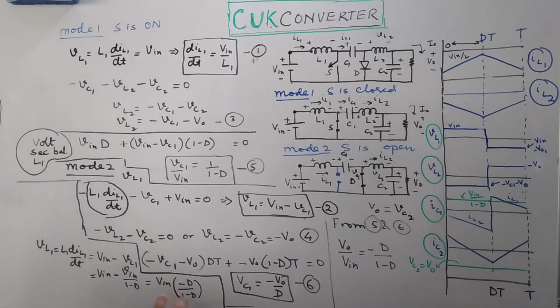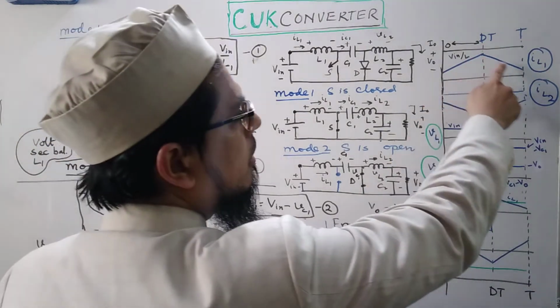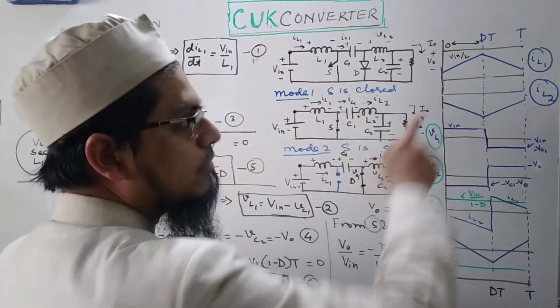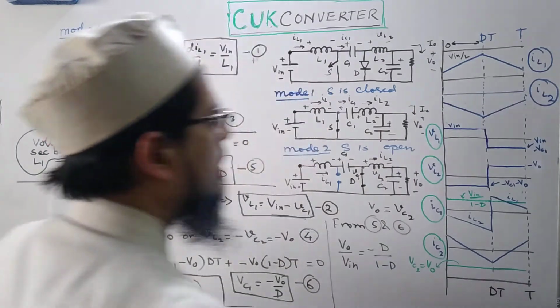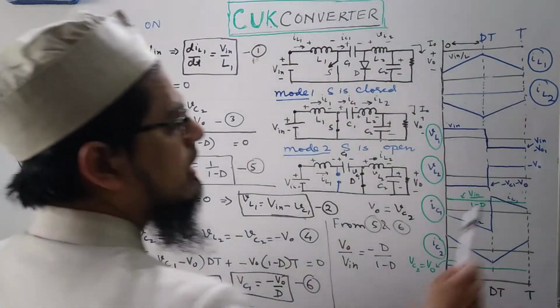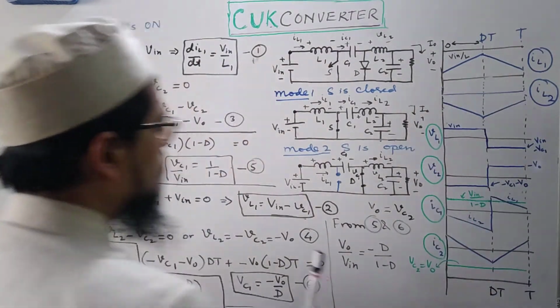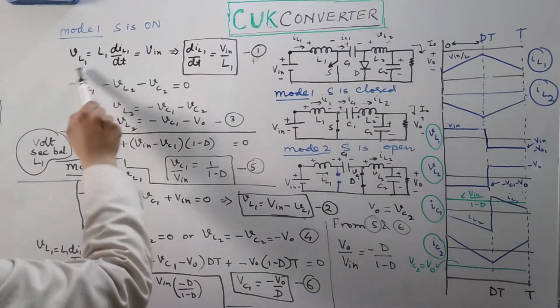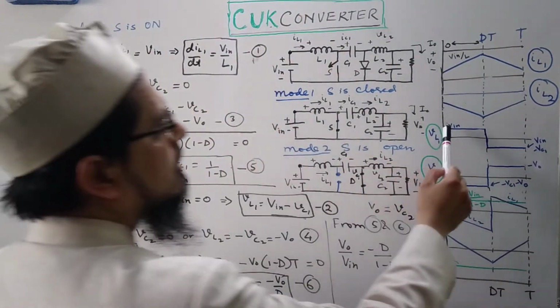So VL1 is, you could see here, negative. That means dIL1 by dt, if I bring L1 this side, is again a constant but negative quantity. That means the current would be decreasing linearly. So I have shown it here. What about the voltage VL1? In the first case, VL1 was equal to Vin, so I have drawn it here.